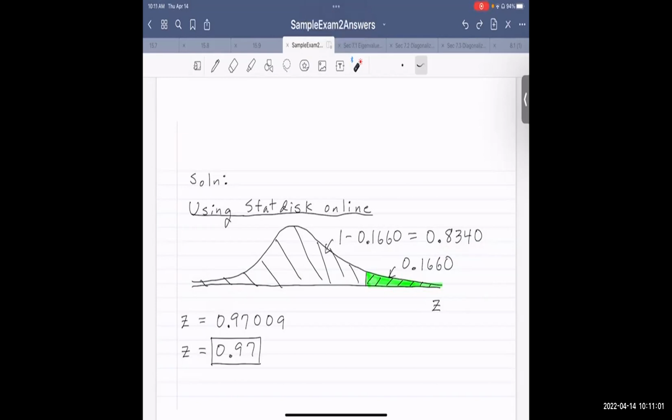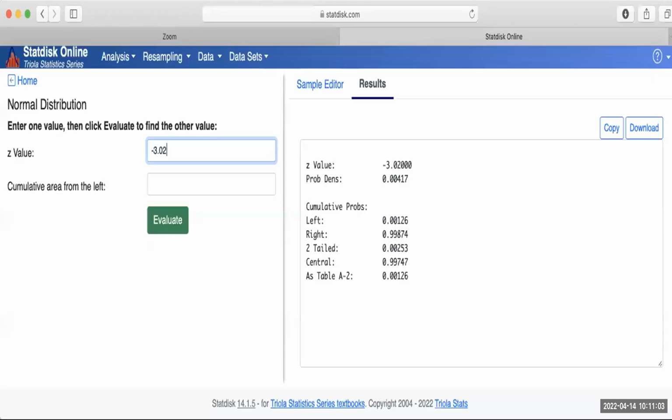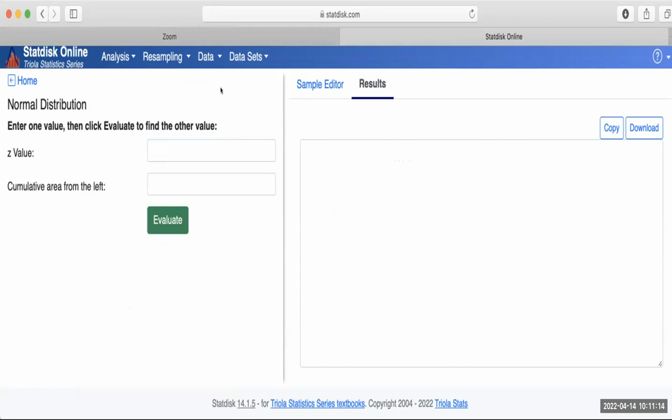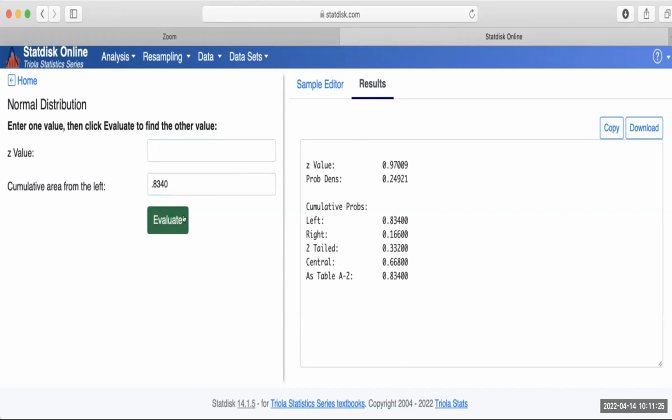And now let me go to StatDisk Online. So like before, I'll go to analysis, probability distributions, normal distribution. The cumulative area to the left is 0.8340. Let me evaluate that.